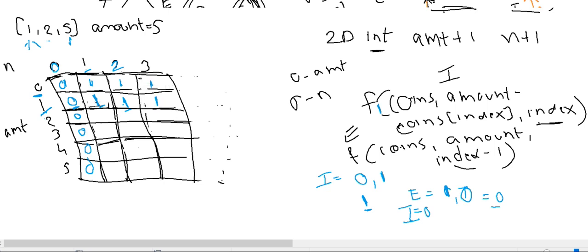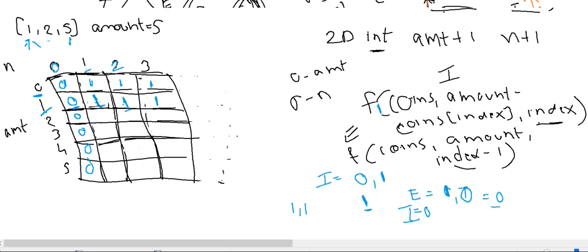Then I'm going to look at this. Amount is 2 and this is 1, so 2 minus 1 is 1. I look at cell 1, comma, and the index is 1, so 1 comma 1, which is 1.